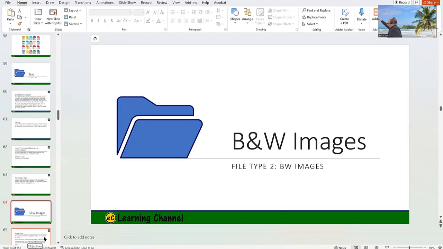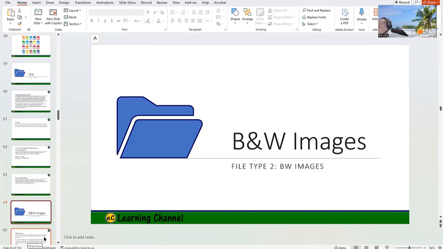Let me see if I can get some colorful data for you. Oh, okay. This one's not good. Let me get a color one. Okay, how about this one? I've got this ASU sticker. I'm going to use it.